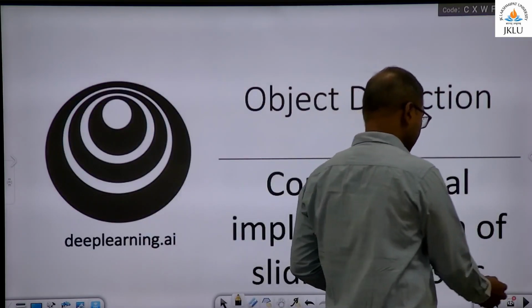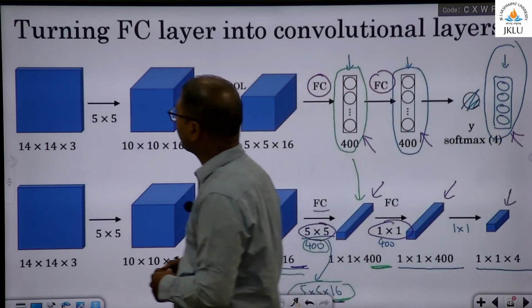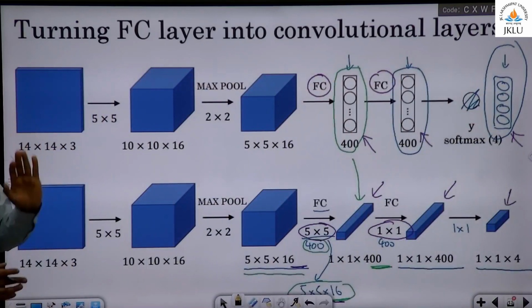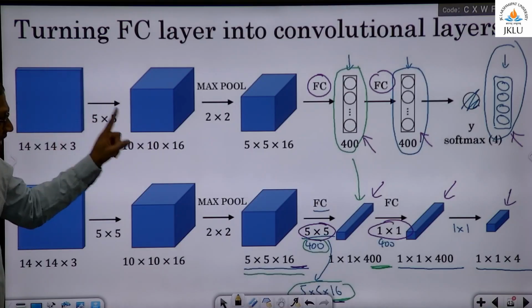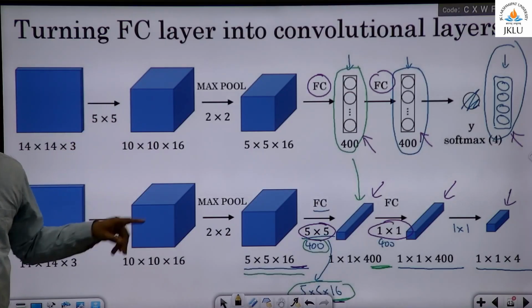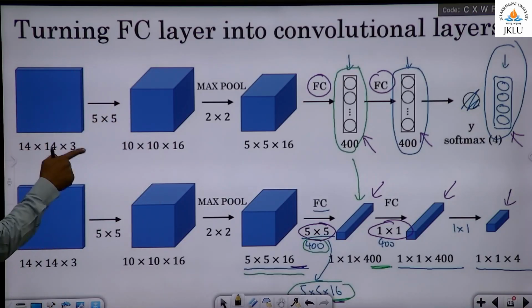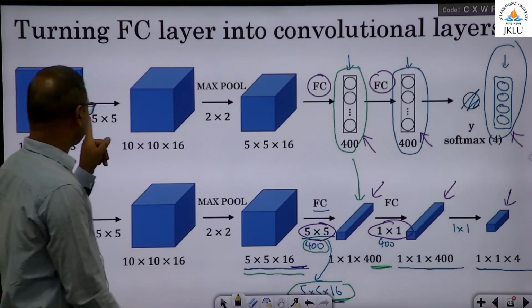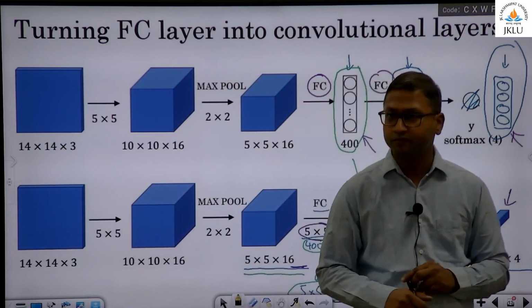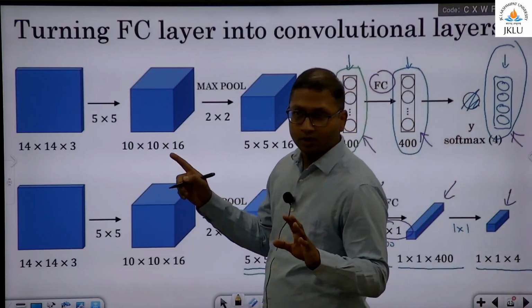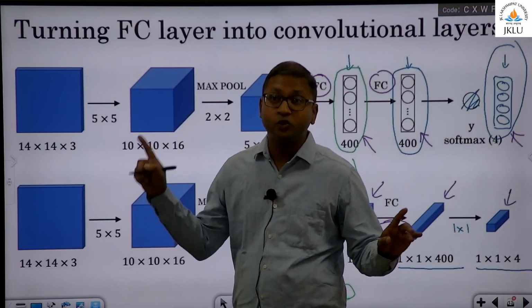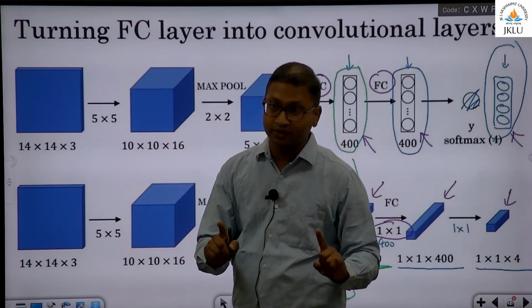Now in this case what is happening? So let's talk about an example. This example right now has nothing to do with the sliding window, right? So this brings us to some concept. This is 14 cross 14 cross 3. What will be this? 5 cross 5. See, nothing is mentioned, so this is the normal convolution, right?